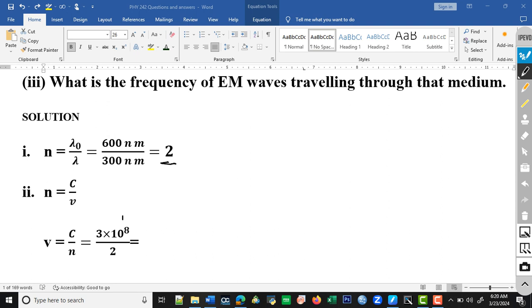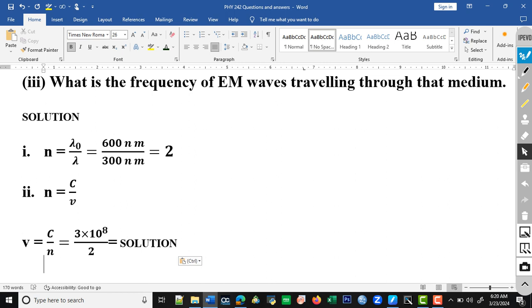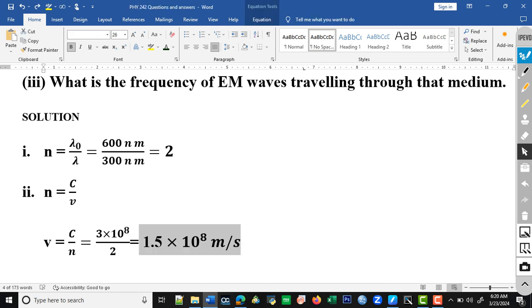Alright, when you simplify the two, you get the speed of light in that medium, which is 1.5 times 10 to the power 8 meters per second.